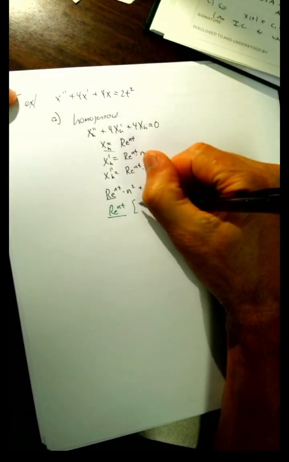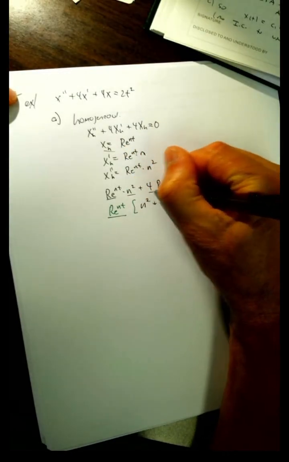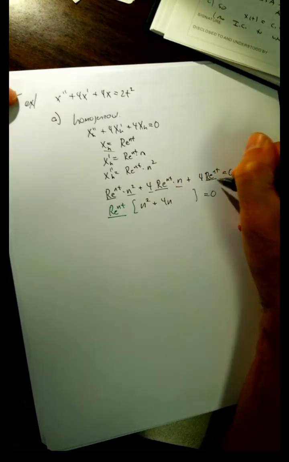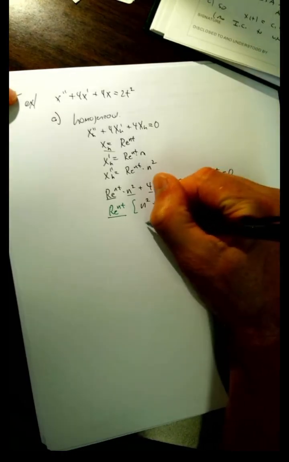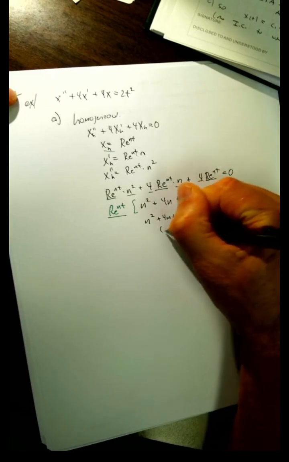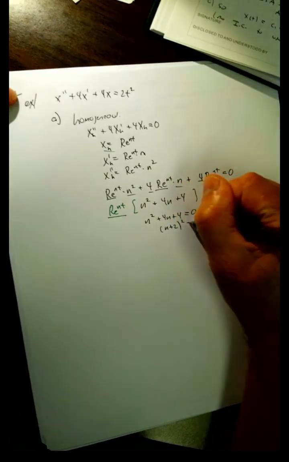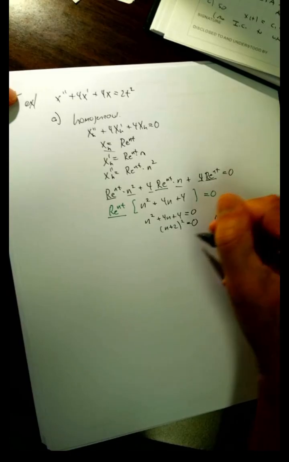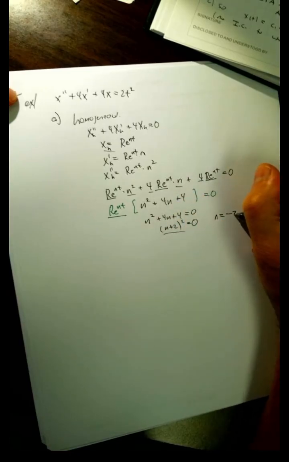So I'm left with n squared plus 4n plus 4 equals 0. And I notice I can factor that. So I have a repeated root of minus 2.